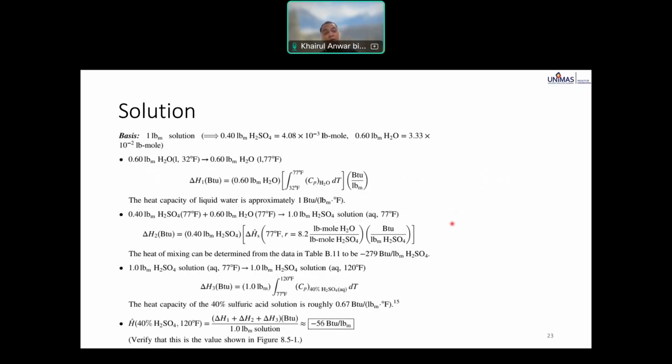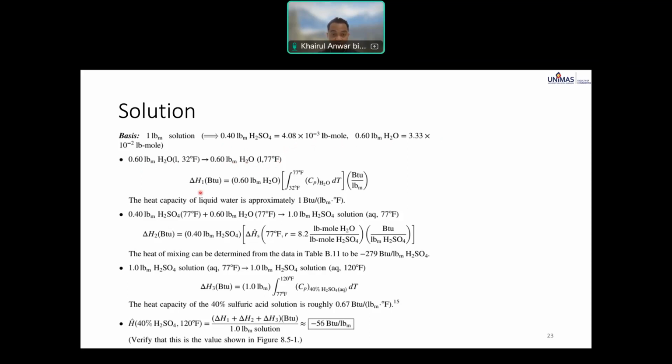So for 1 pound mass of solution, 0.4 pound mass H2SO4 equals 4.08 times 10 to the power of negative 3 pound mole. Then 0.6 pound mole of H2O, liquid at 32 degrees Fahrenheit, goes to 0.6 pound mole H2O at 77 degrees Fahrenheit.